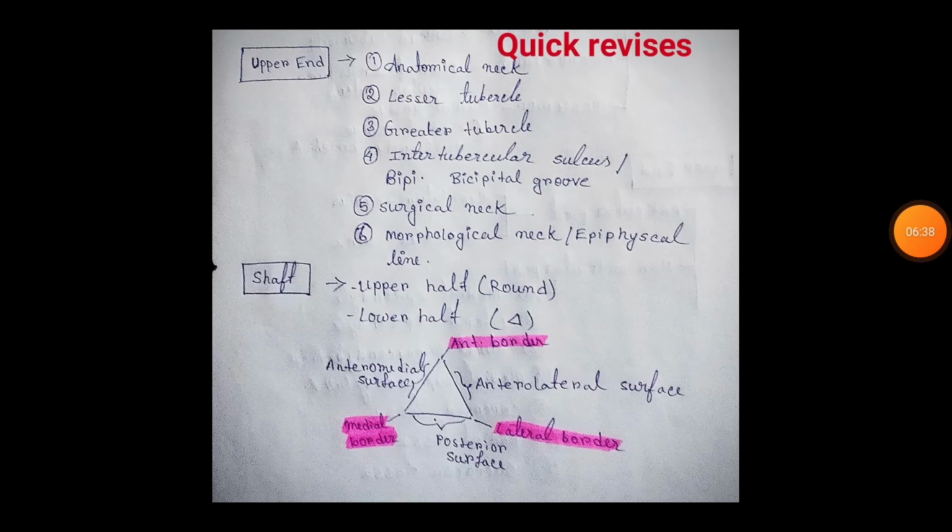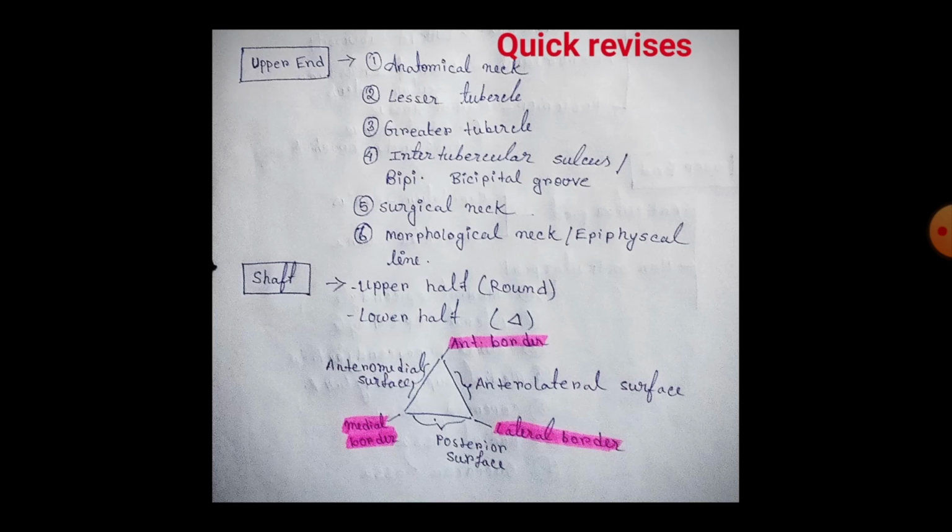Quick revision. These points are always to be remembered when writing about the humerus. At the upper end there are the anatomical neck, lesser tubercle, greater tubercle, intertubercular sulcus, surgical neck, and morphological neck or epiphyseal line.